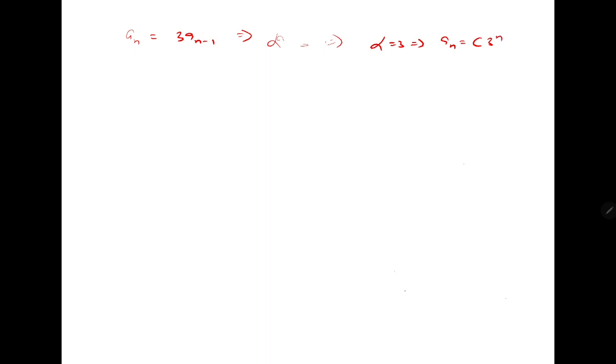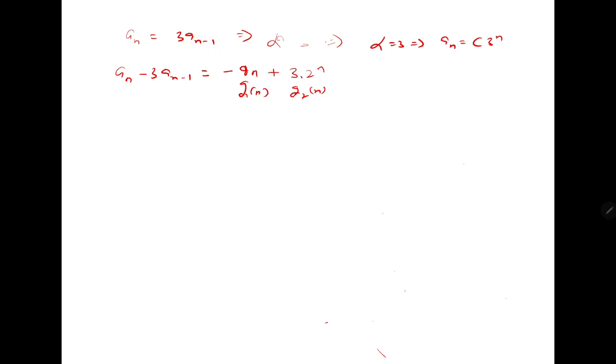Now if you see the non-homogeneous part, then it is an minus 3a(n minus 1) is equal to minus 4n plus 3.2 raised to the power n. So the non-homogeneous part is made up of two functions now. It is not only g of n, it is g1 of n, g2 of n. So to find the particular solution, I consider one at a time.